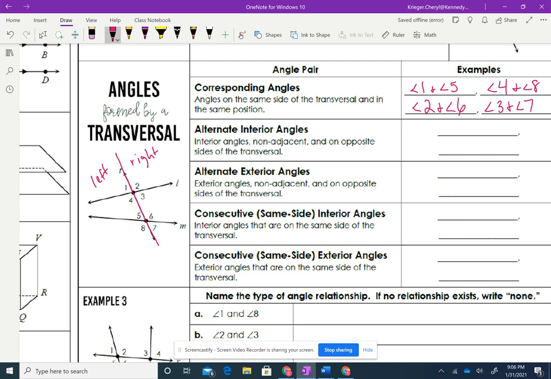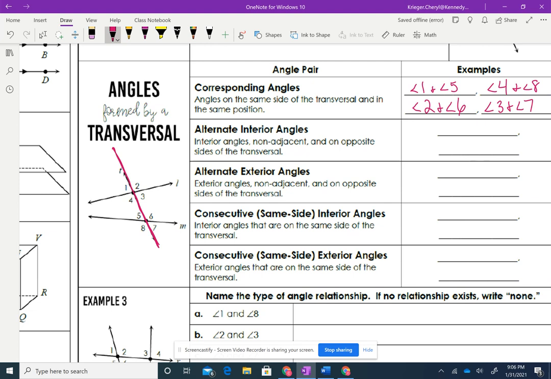Okay, so the alternate interior angles are the interior angles non-adjacent, so not next to, and on opposite sides of the transversal. I want you guys to think of this. We still have the left and right side of the transversal, and I'll color it pink because I think it helps when you have colors here. My transversal's pink.